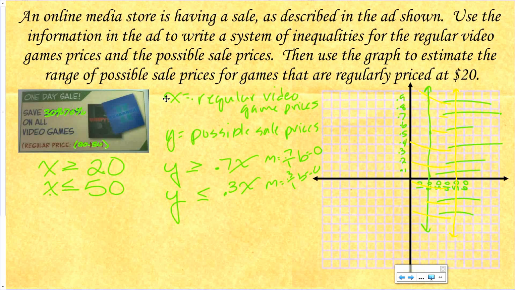Everything's distorted. Okay, how do I write 7/10 as a fraction? 7 over 10. And how do I write 3/10 as a fraction? So can I use that as my slope, and then just go up by 2's here?